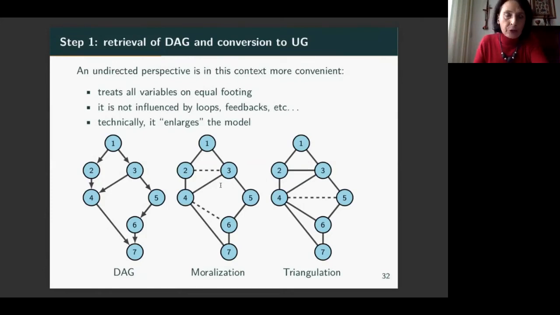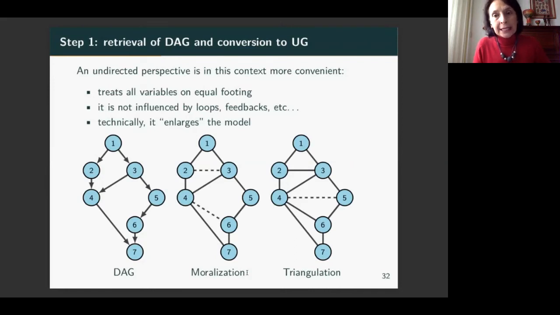And it is always possible to convert a DAG into a graphical model, an undirected version of it, consistently through 2 steps of graphical manipulations, which are called moralization and triangulation, which of course have a very precise probabilistic meaning, but I'm not stopping on this right now. If someone is interested, I can tell you something later maybe.